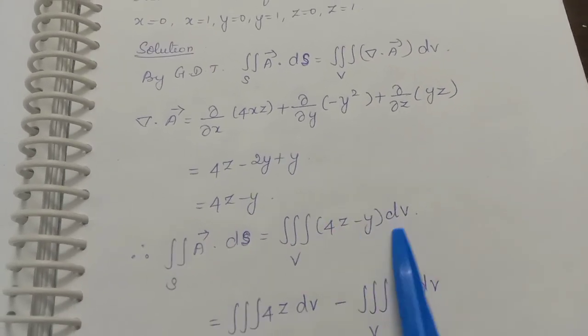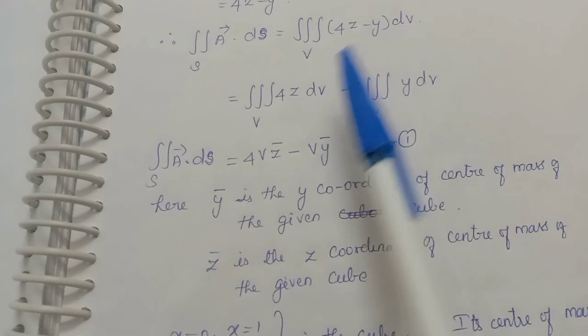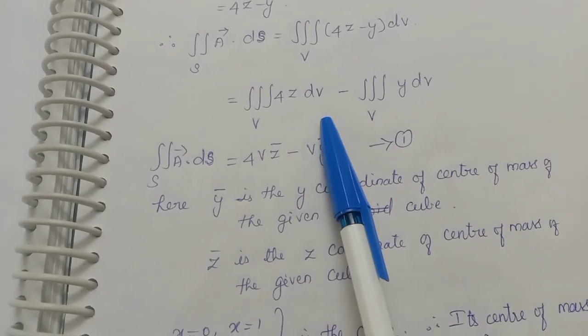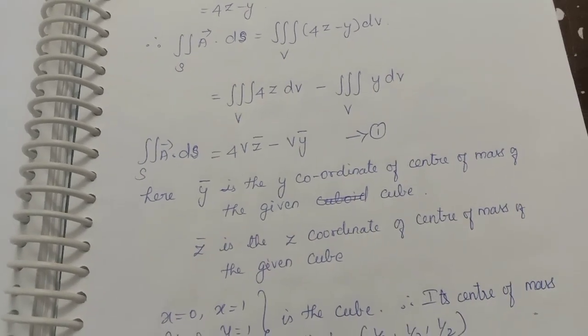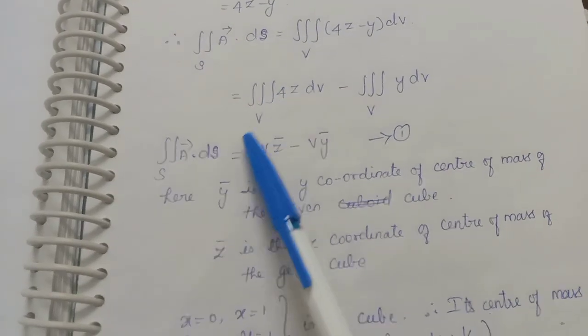Now we have to evaluate this integral. Here two terms are there, so let us write it as two different integrals: triple integral over V of 4z dV minus triple integral over V of y dV. Now this 4 is a constant, so we can take it outside.